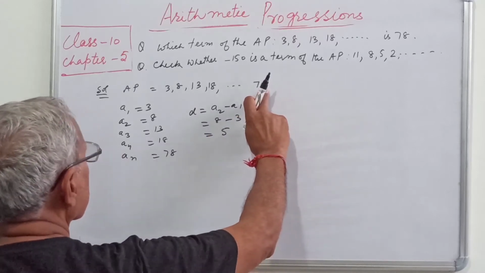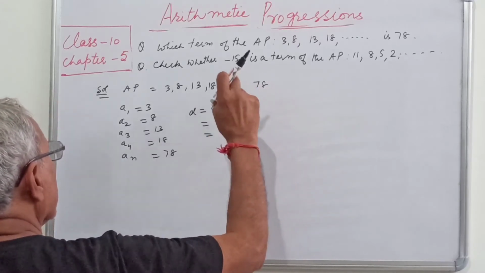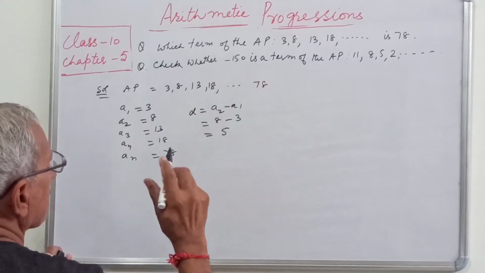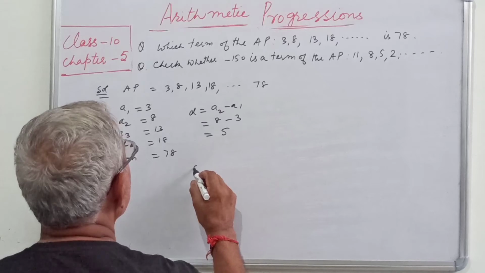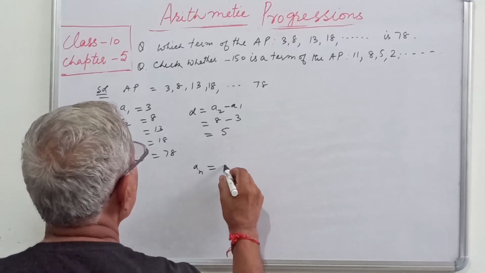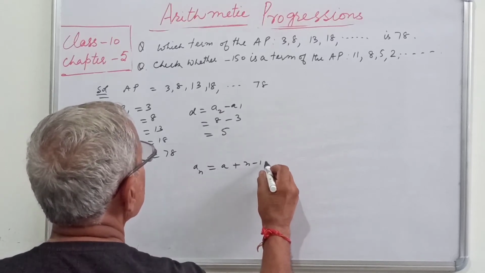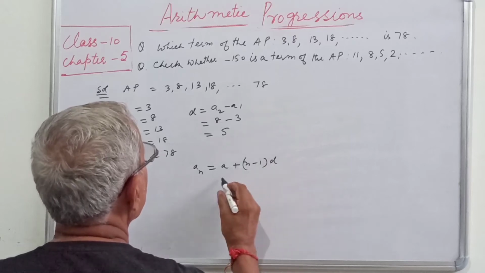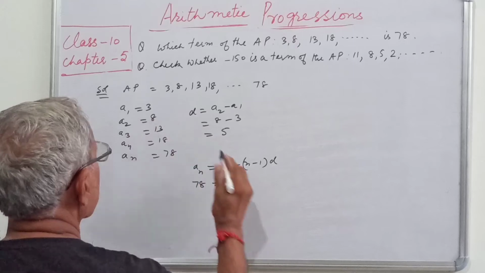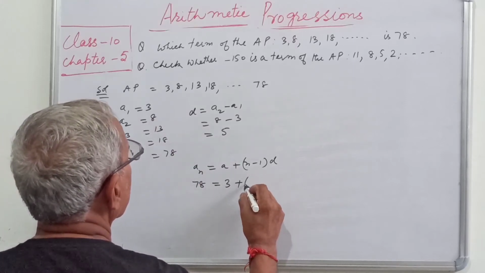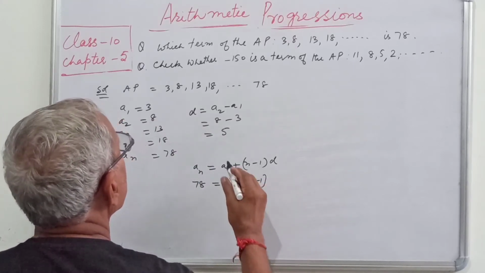Then the nth term is given, 78. We have to find the value of n. So we know the formula AN is equal to A plus n minus 1 into D. 78, A is 3, n minus 1, D is 5.